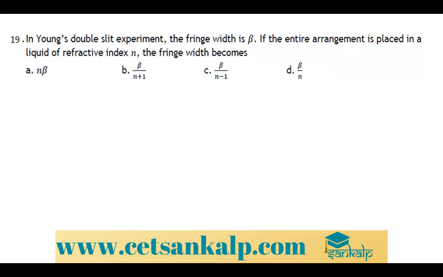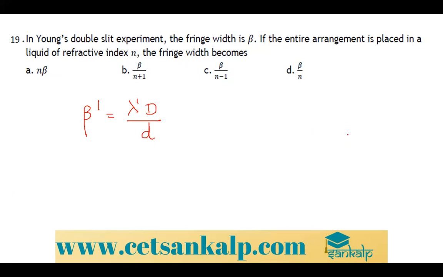If the entire arrangement is placed in a liquid of refractive index n, the fringe width becomes, they have asked. So when the entire arrangement of Young's double slit experiment is placed in a liquid of refractive index n, then the fringe width will become, what happens to the fringe width? So it is beta dash is equal to lambda dash D divided by d. That will be the new, right?